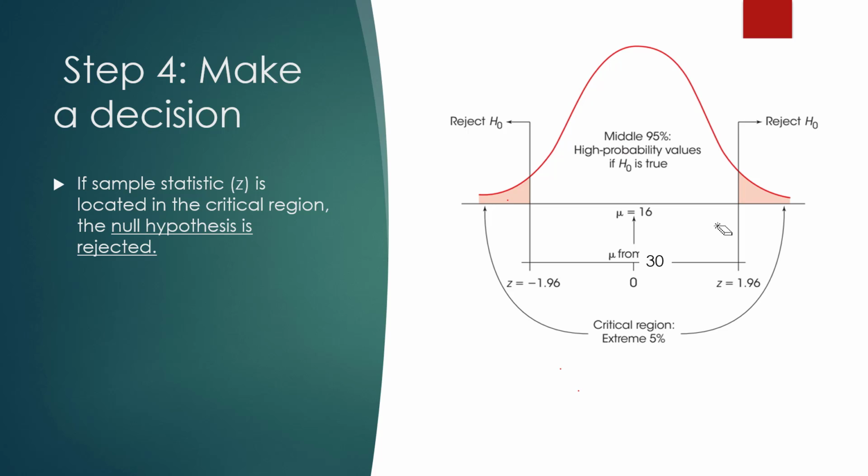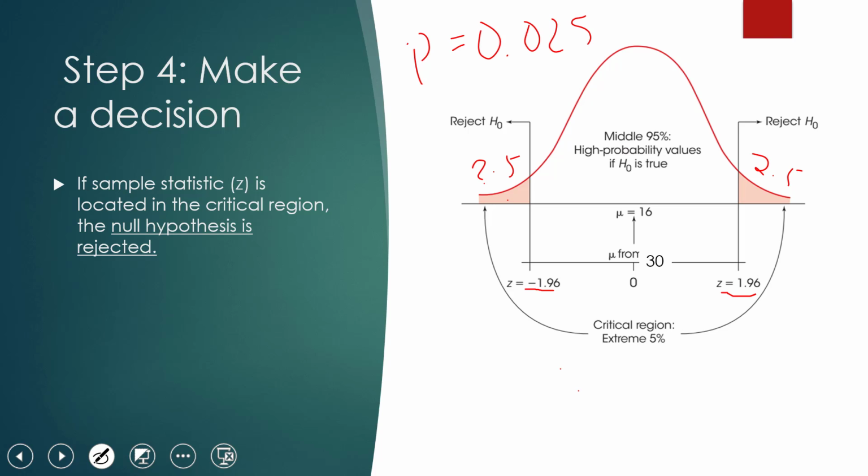So now we need to make a decision. If our sample statistic is located in the critical region, the null hypothesis is going to be rejected. Remember, this was our critical boundary, our critical z-score being 1.96 on each side, because we have two tails. Remember, we said that there was 2.5% in each tail, which gave us a probability of 0.025.